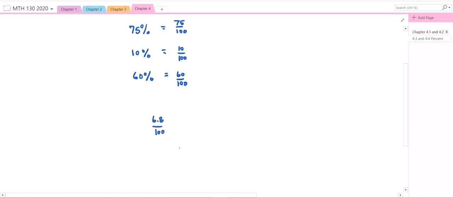6.8 over 100, which is 6.8%. What does that equal?